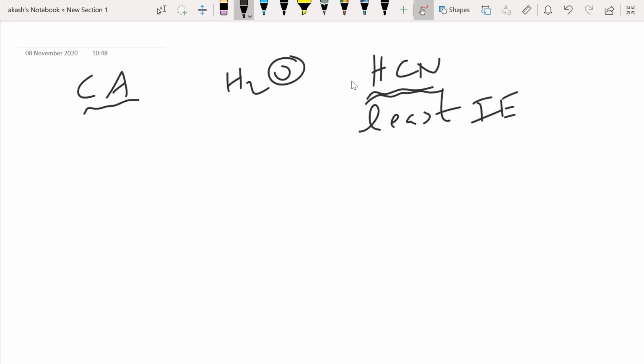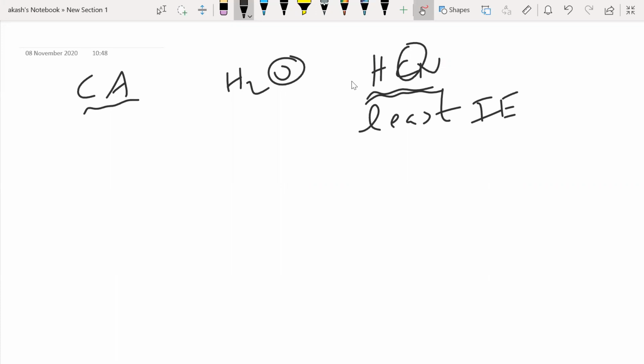In this case, carbon has the least ionization energy, so that is the central atom. What I'm trying to tell you is we have to speak in terms of hybridization only for the central atom. The bonding atoms have no role to play, in the sense that we are not going to talk about hybridization for the bonding atoms.